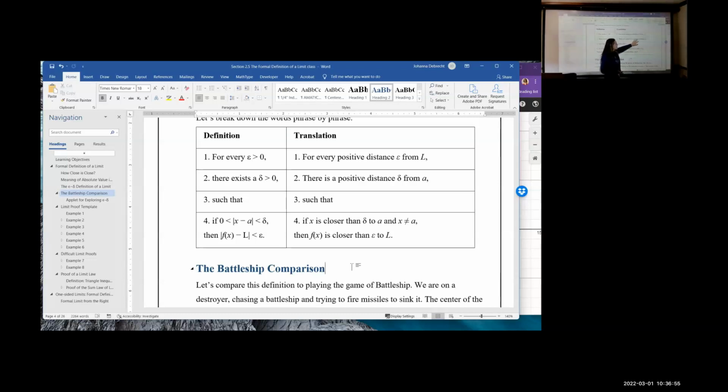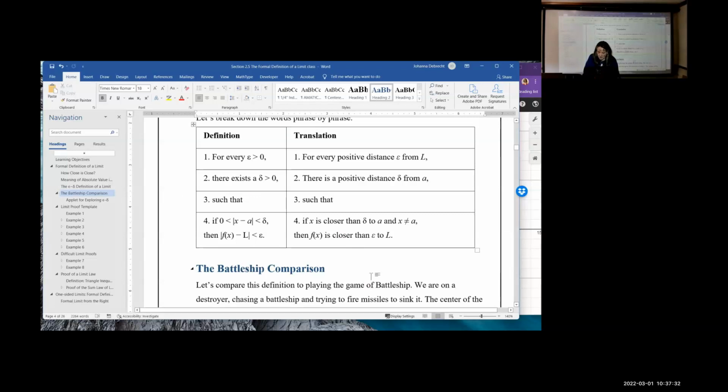There's a positive distance of delta, the X values, from A. Epsilon is the distance of the Y values from L. Delta is the distance of the X values from A, such that if 0 is less than |x minus a| less than delta, if X is closer than delta to A and not equal to A, then the distance between f of x and L is less than epsilon. Then f of x is closer than epsilon to L.